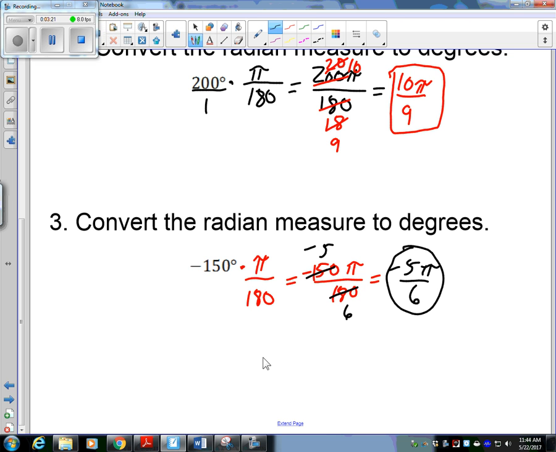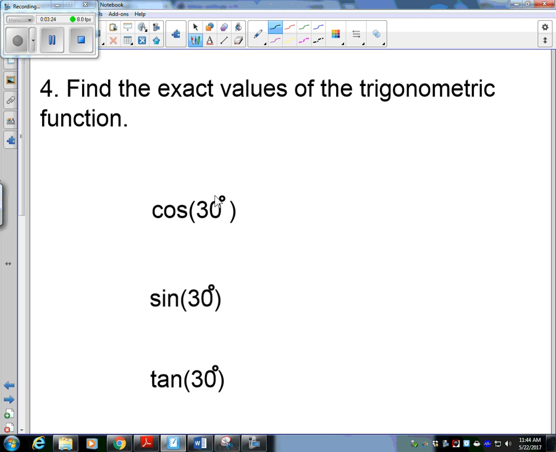Moving on. We're going to find the exact values of the trigonometric functions. So the exact values, so cosine of 30. So 30 degrees, one thing I do is I kind of draw a quick little measure. And so 30 degrees, kind of something like this. And if we're looking at the trig function here, here's the 90-degree angle. At 30 degrees, the height is smaller than the length here.